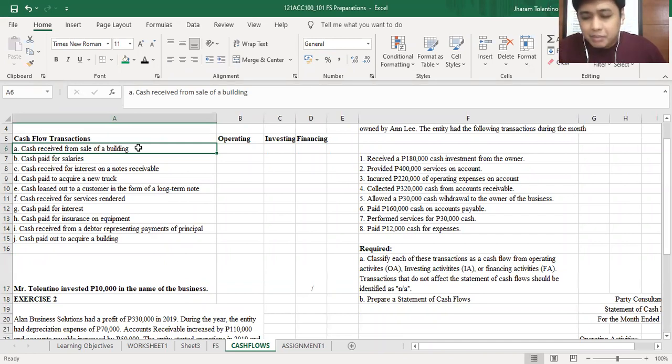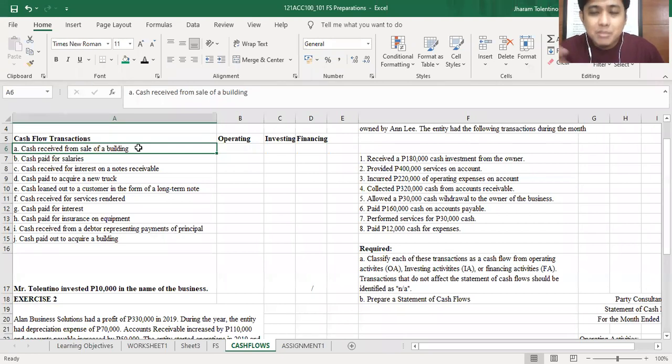Pag ikaw ay nagbebenta ng goods or nagpa-perform ng service, lahat ng activities na related doon, operating activities yun, as long as it falls sa income or profit or loss, or income statement. In short, magiging part ba siya ng income or ng expenses? Cash transactions na yun. Gets?